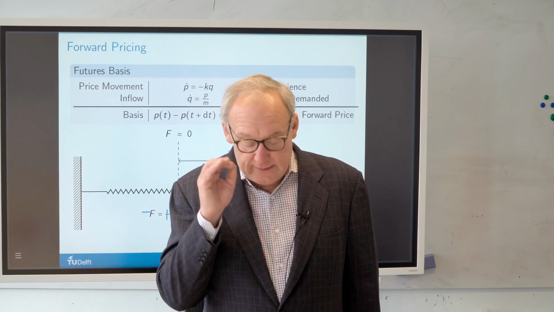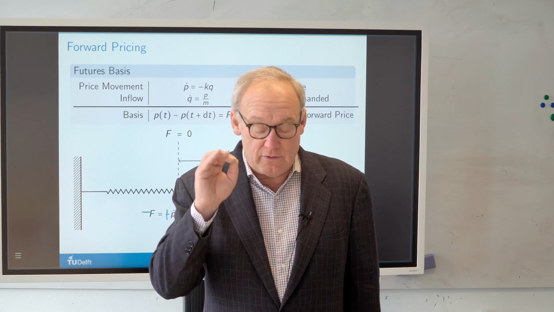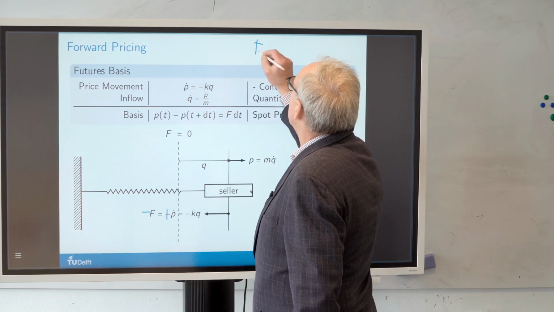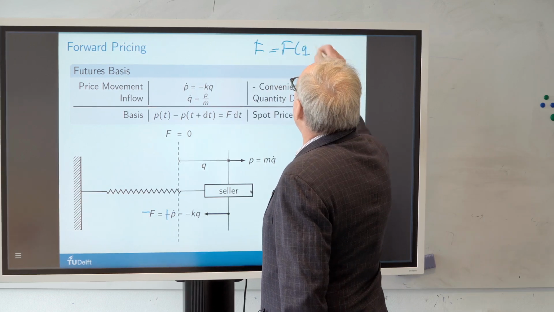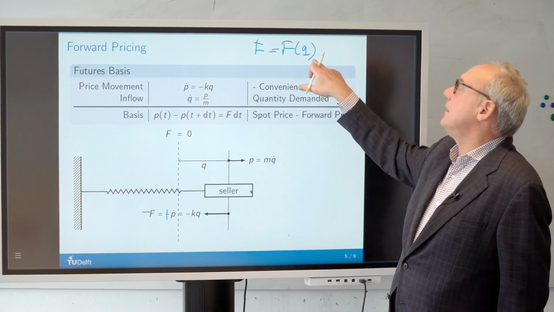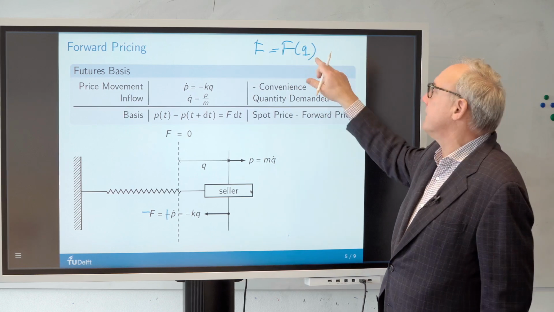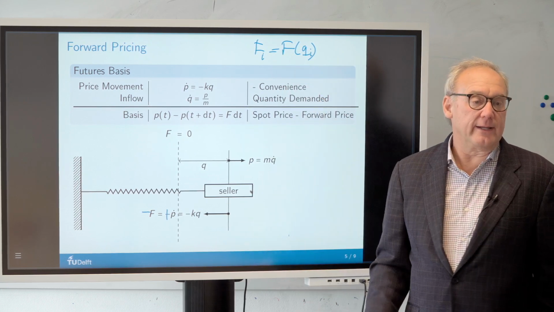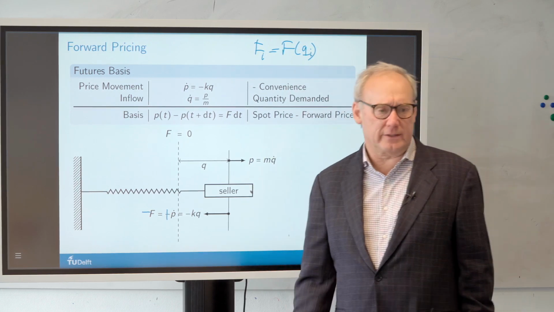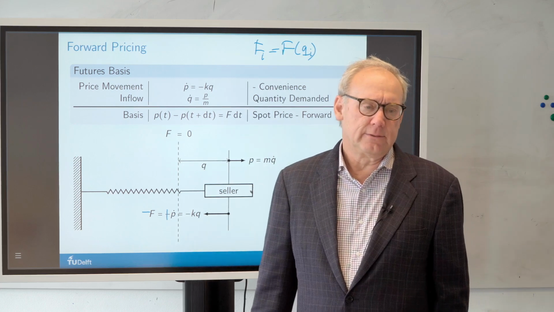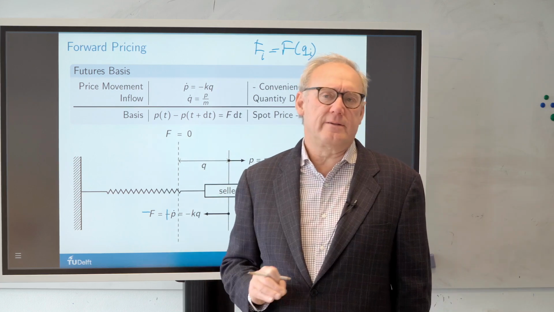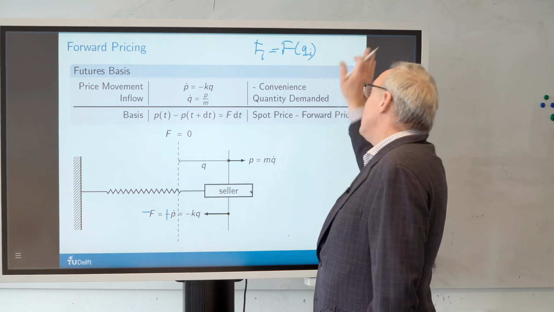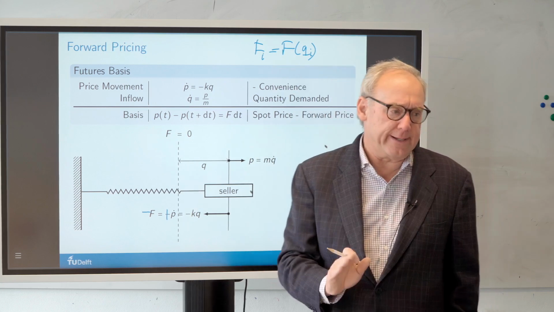But one thing you should always keep in mind is the convenience yield is a function of only the commodity that you plugged in here, right? So the convenience yield on the ith commodity is a function of the ith commodity, okay? Explicitly only that, okay? There are no other things here, all right? And if there are other things, it's also wrong, okay?